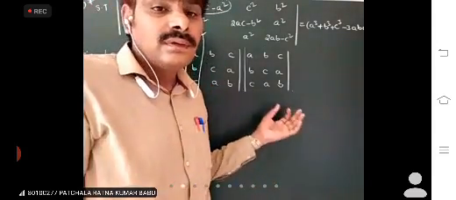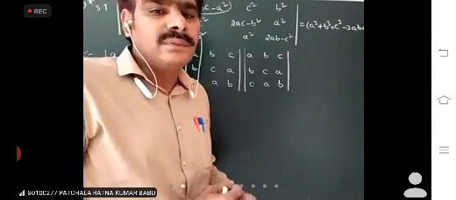Now how can you multiply? Multiplying these two determinants, we get this determinant. Here we observe that the first element is 2BC minus A square. Like multiplying two matrices, we multiply the two determinants.